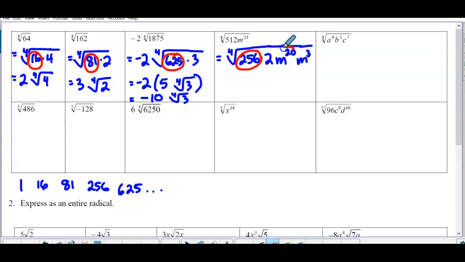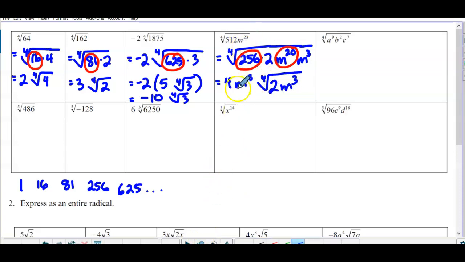That's a fourth power. So that simplifies to 4. This, you divide 20 by 4 is 5. And then you're left with the fourth root of 2, which has to stay home, and m cubed has to stay home.